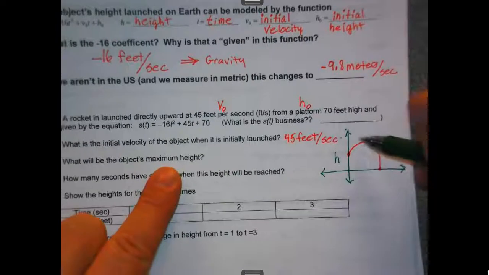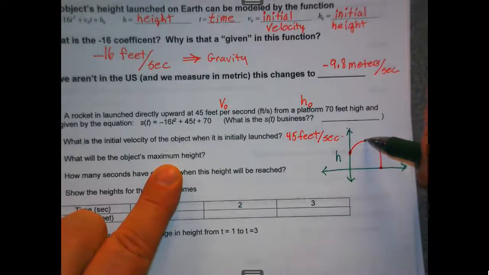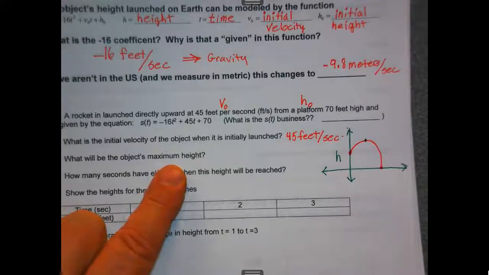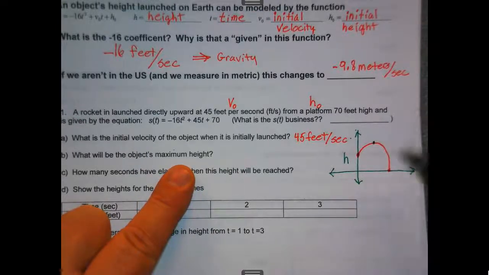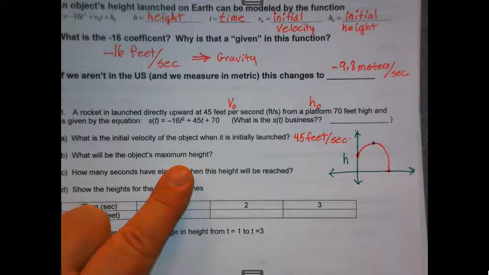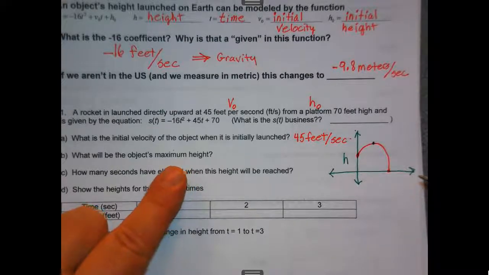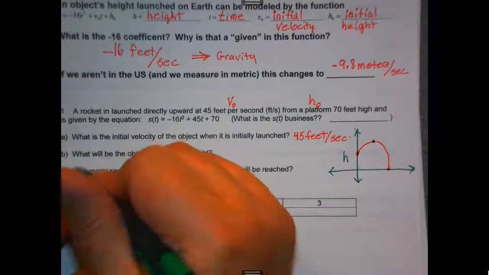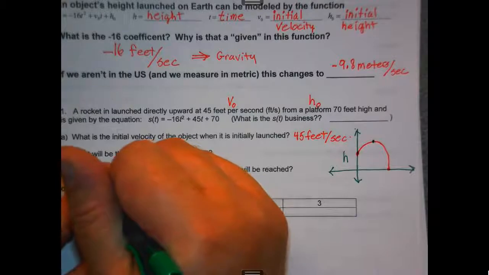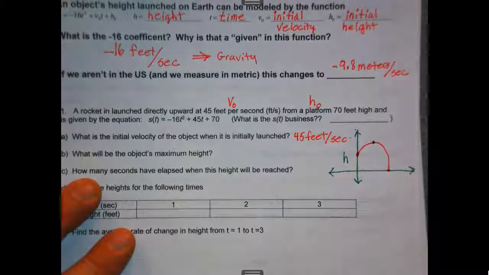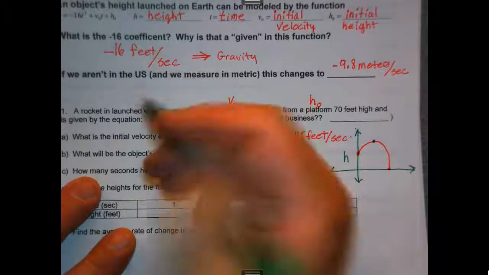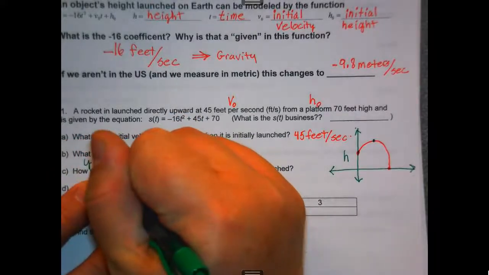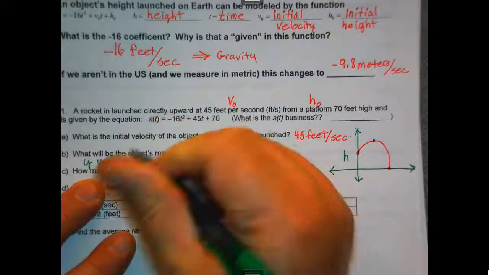So when we're looking for the maximum height, we're looking for this point here, right? What are we looking at here? It's part of a parabola. It's the maximum value. So it's going to be the maximum height, or our y value of the vertex.